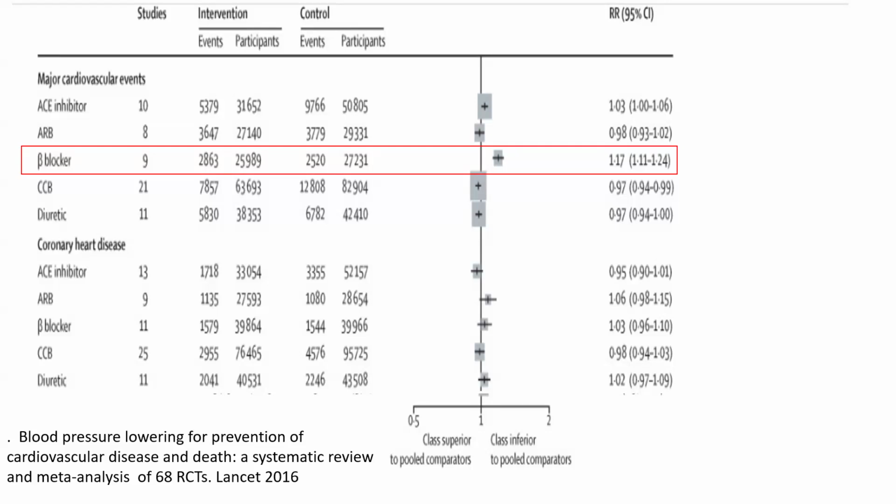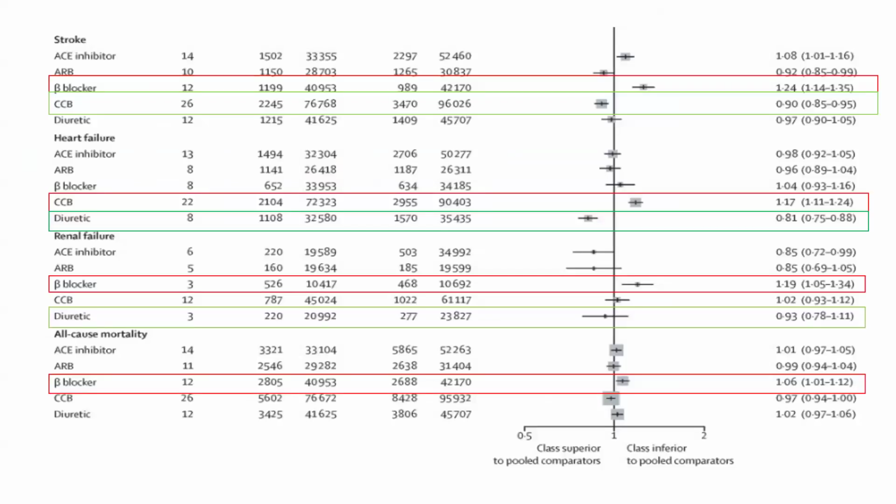But beta blockers appear to be inferior in preventing major cardiovascular events, and as well preventing stroke, renal failure, and all-cause mortality. While calcium channel blockers were found to be inferior to their group regarding the prevention of heart failure, diuretics were found to be superior in their group. Calcium channel blockers are superior to their comparators with regard to decreasing the risk of stroke.